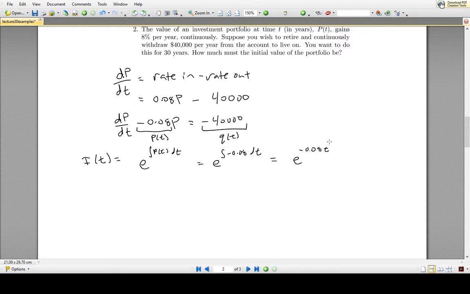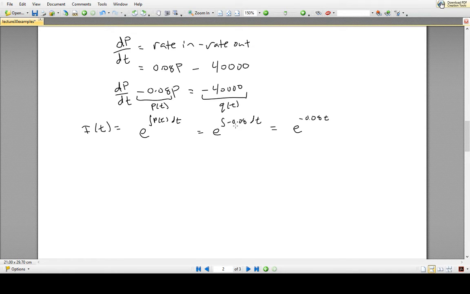Okay, we don't have to worry about the constant when we're doing our integrating factor. Multiplying our entire differential equation by this integrating factor, I get e to the negative 0.08t times dP/dt minus e to the negative 0.08t times 0.08P equals negative e to the negative 0.08t times 40,000.